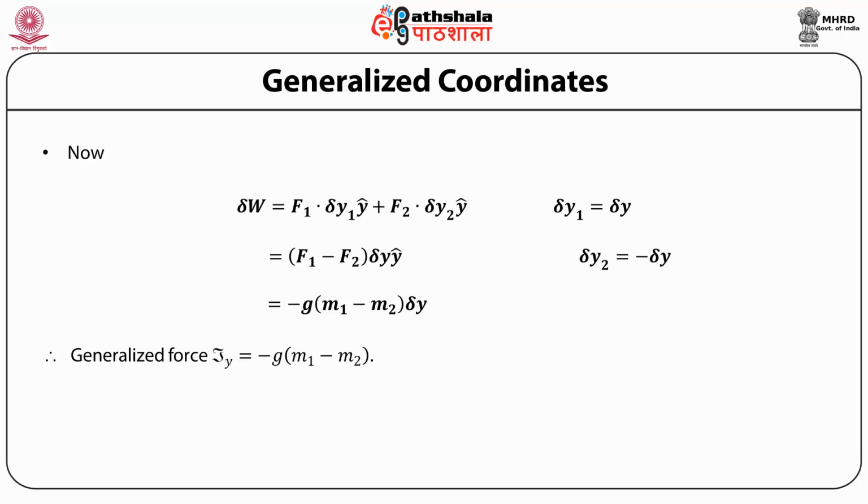Therefore, the generalized force along the direction y is minus g times (M1 minus M2). Just see, the force on each of the masses M1 and M2 is M1 g and M2 g respectively, both downwards. But in terms of the generalized coordinate y, which is y equal to y1, and since y2 is related to y1, y2 can be written in terms of y, and then the generalized force simply becomes minus g times (M1 minus M2).